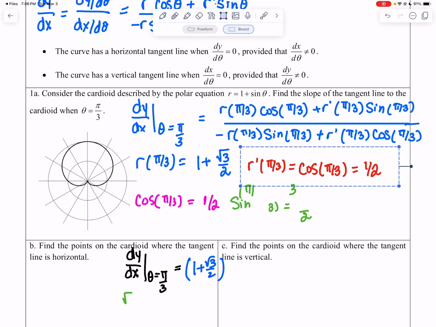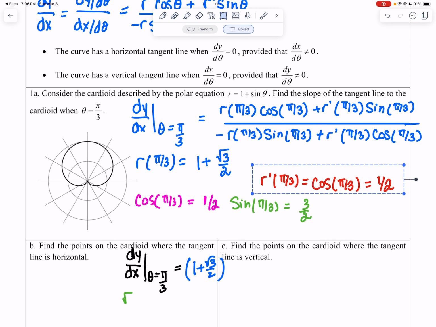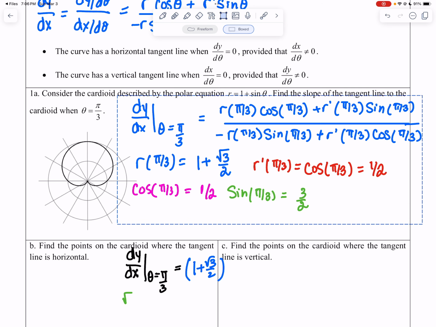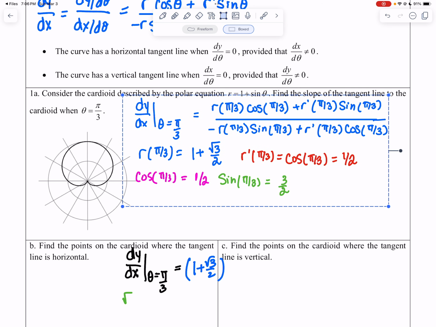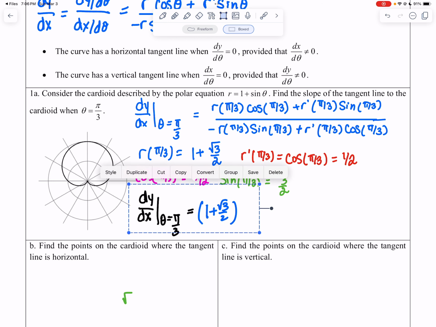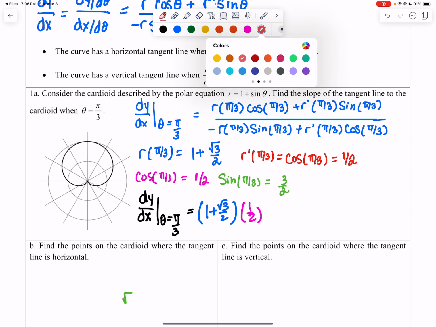Okay, so I have cosine of pi over 3, which we said was 1/2. R prime of pi over 3 we said was also 1/2, which is in red.